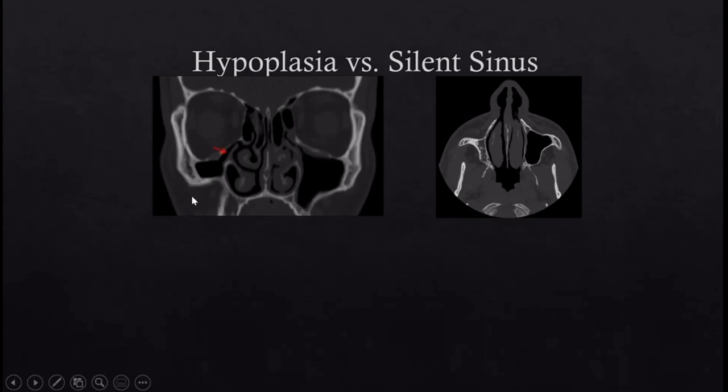Now, if we look carefully, we can see that the ostium, which is where the air can get in and out, so the drainage pathway for the sinus, is patent. And this bit of bone here is called the uncinate process. So the ostium is open, so this is a normally aerated sinus. And you can see here that this looks like diploic cancellous bone, which just hasn't become pneumatised. So this is a hypoplastic sinus.